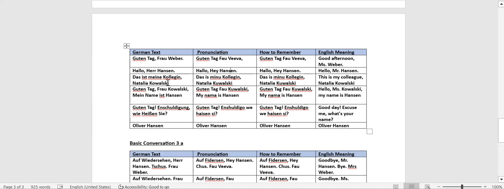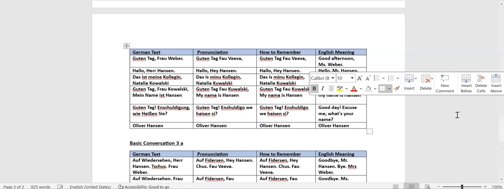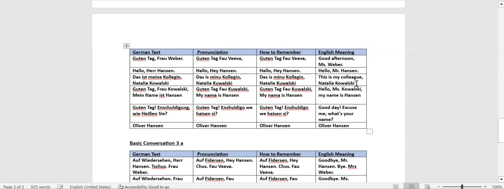So coming to the next sentence, let's read this. Das ist meine Kollegin Natalia Kowalski. Now, what does this mean? This is my colleague Natalia Kowalski.